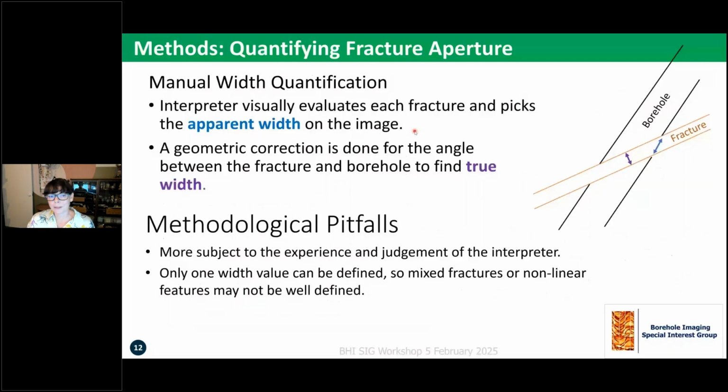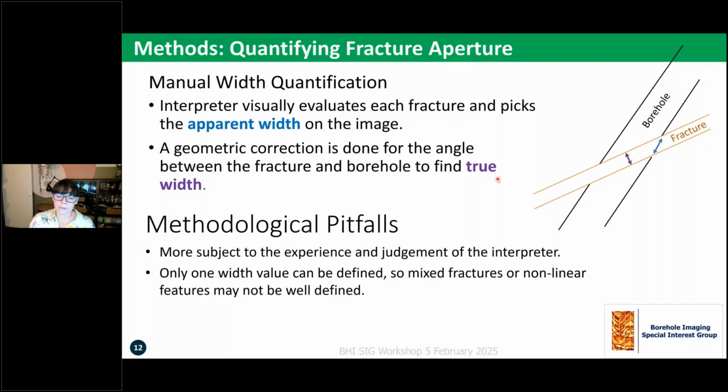A second method we could employ is to define the width. It's also fraught. With manual width quantification, you're essentially, as an analyst, mapping the distance between the two fracture surfaces in a click and drag kind of way. Then a geometric correction needs to be made for the angular relationship between the fracture and the borehole to go from an apparent width to a true width.